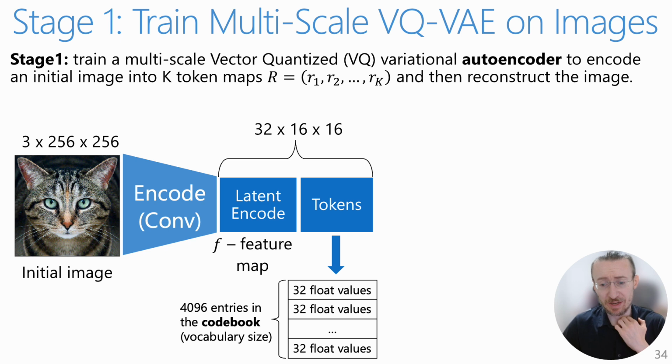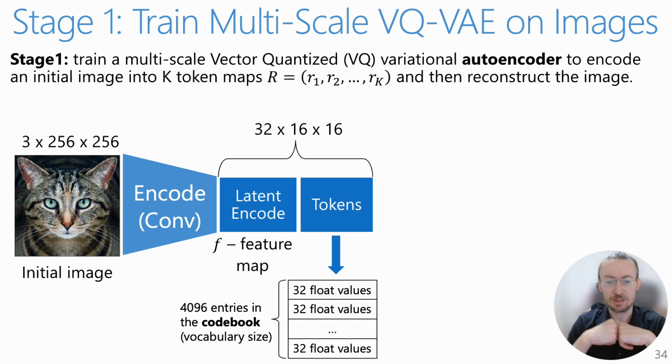Once we find the latent of the given image, we tokenize this latent. What it means is that in these models, for example in VAR, we have a codebook. The codebook consists of, in this case, 4096 entries. This is the vocabulary size. You can think of this codebook as a dictionary.